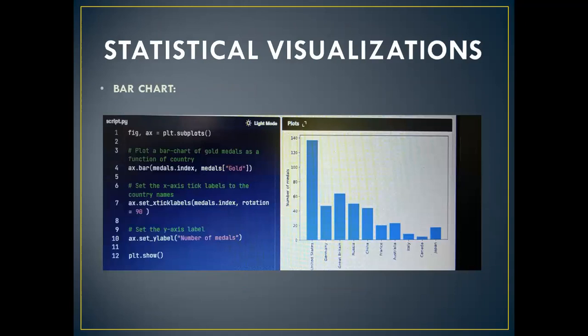Talking about if you want your graph to be a bar chart, all the things would remain the same. Simply your syntax would change where you will write ax.bar, and in the brackets you will write all the conditions, and you will set the x label, y label, plt.show, and this will be the result where you will obtain a bar chart.